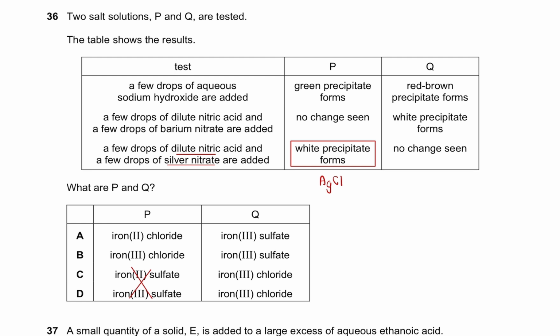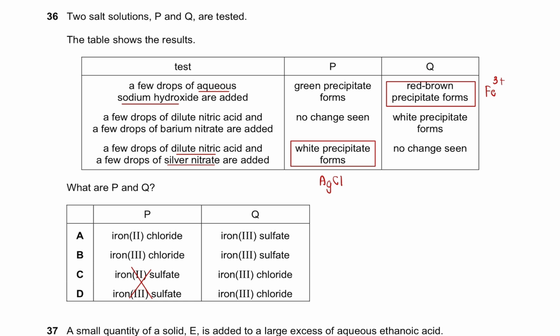And then for Q, let me check. Okay. Iron 2 and iron 3, right? In this case, when we test a few drops of aqueous sodium hydroxide added for Q, a red-brown precipitate forms, which means it is the color of Fe3+.